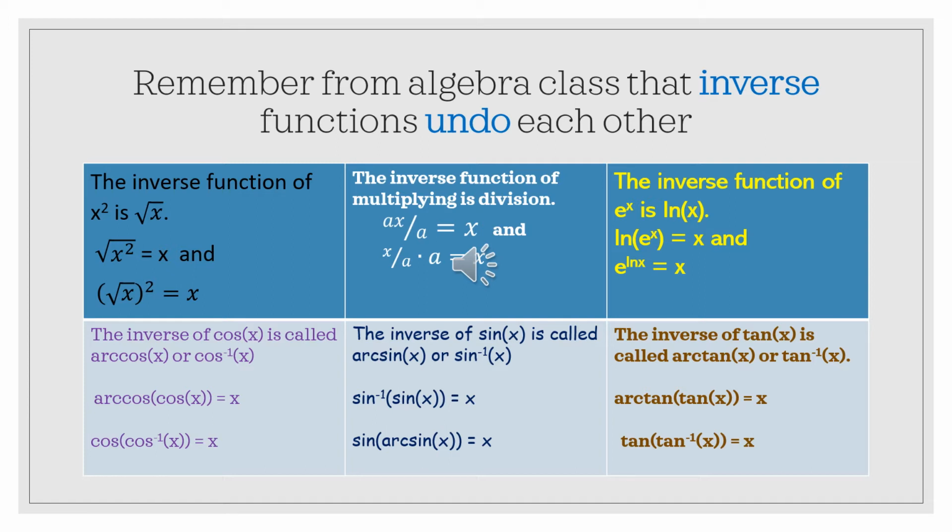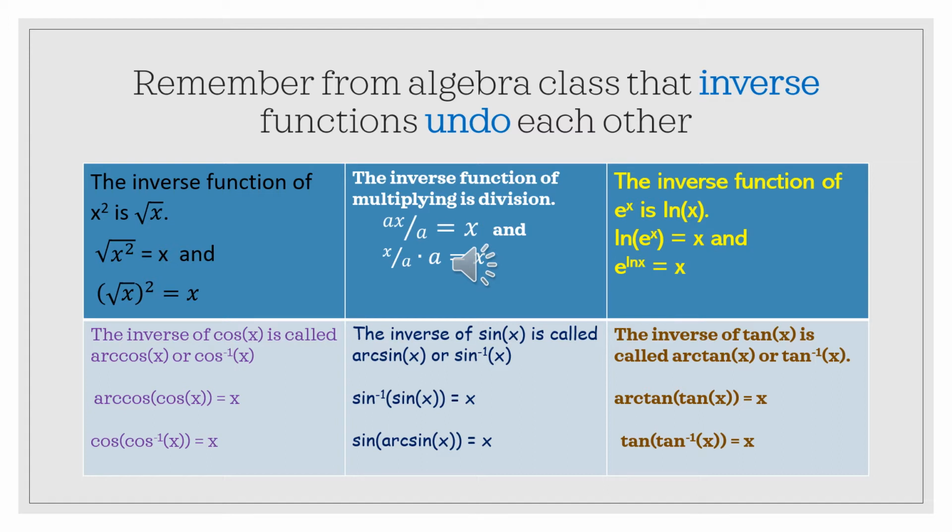So if you plug e to the x into ln of x, the two ideas cancel each other out and you get x as your output. If you put natural log of x as the exponent on e, you also just get x, because the two functions cancel each other out.